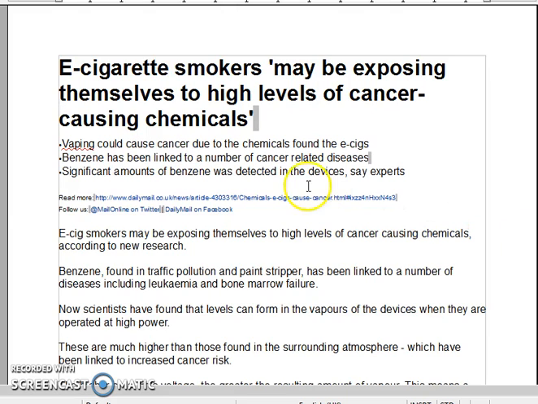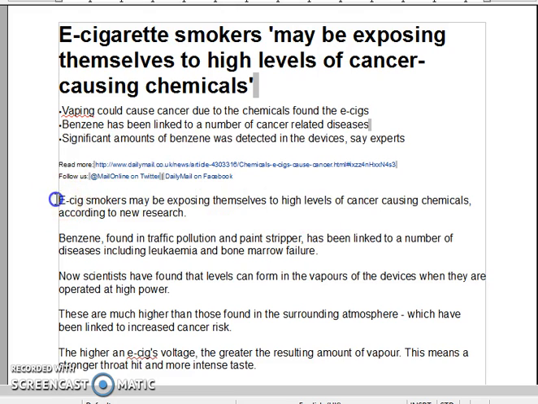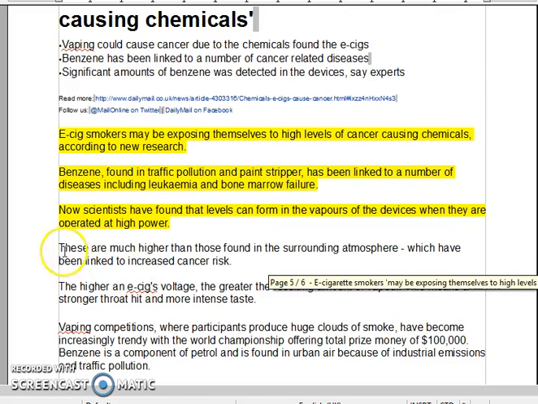So one of the first things we could do is we could go through it, and I'm just going to highlight in yellow the areas where I think the author is very much arguing that e-cigarettes are a bad idea or potentially harmful.